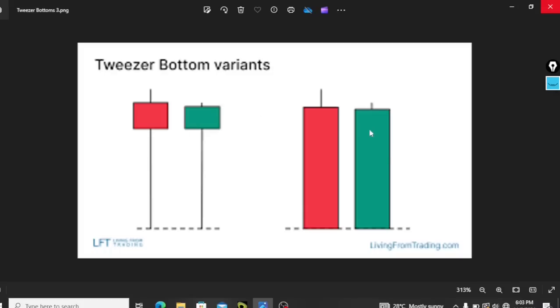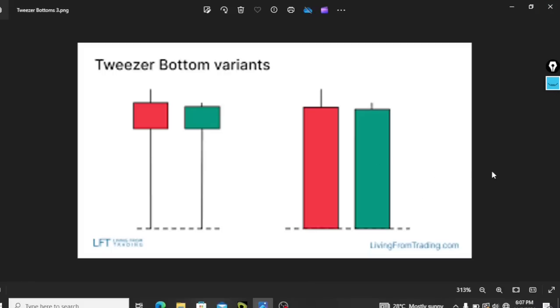Whenever you see it this way, just know that what you are looking at is a tweezer bottom. Two opposite candles of equal length and size occurring at the bottom, or at the support level, is called a tweezer bottom. When you become so good at recognizing it, your trade will definitely improve tremendously.